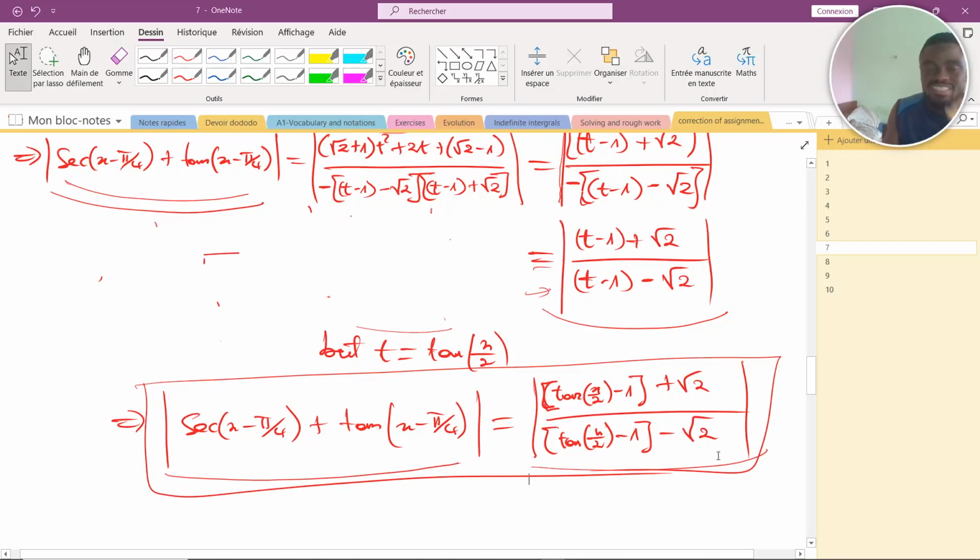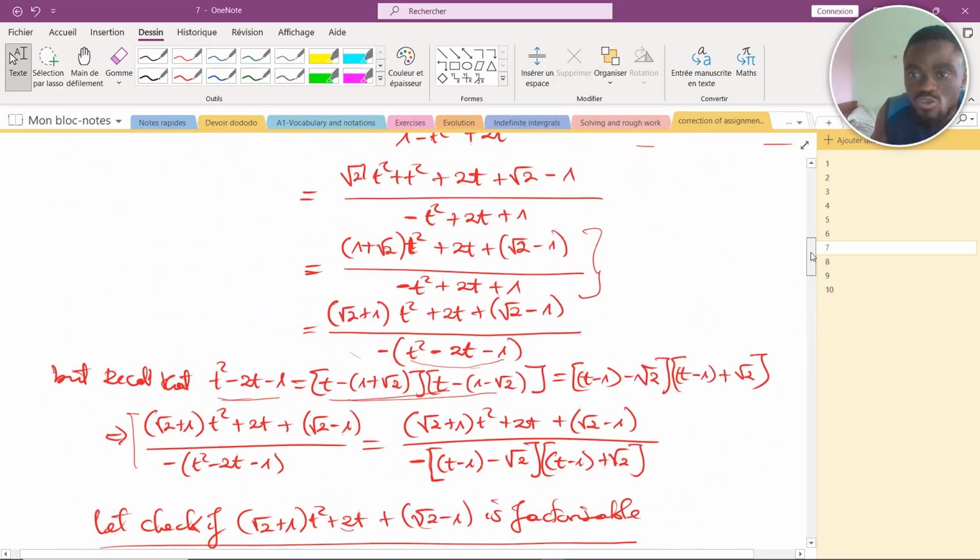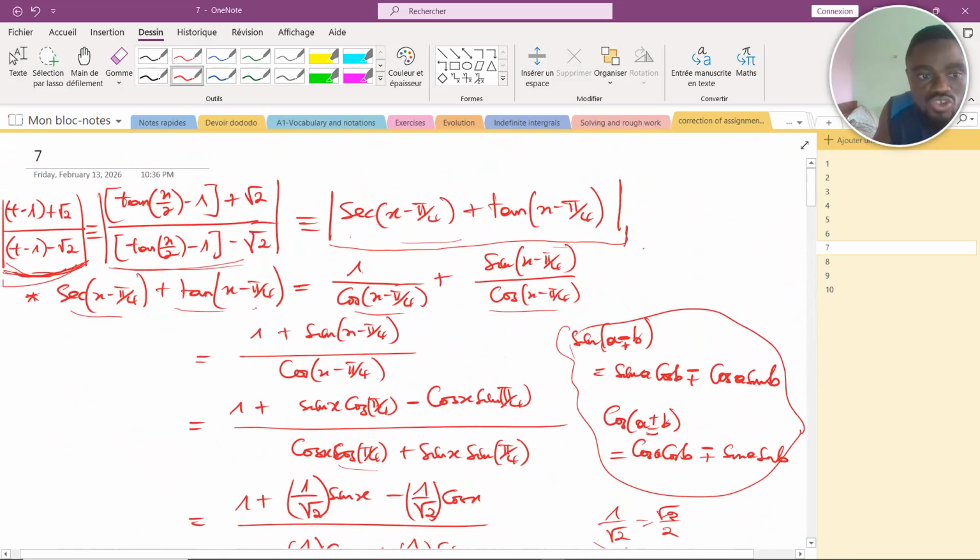So the trick that you have to learn here is what? When you want to prove something in these integrals, always write the expression of the final integral you had in terms of t, in terms of the trigonometric ratio you were working with, and equate it to what you want to prove.